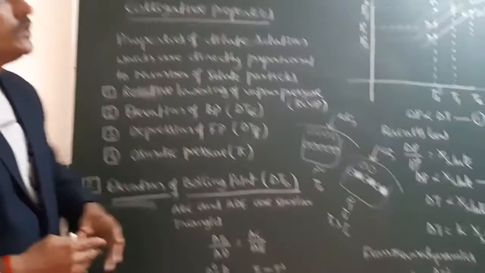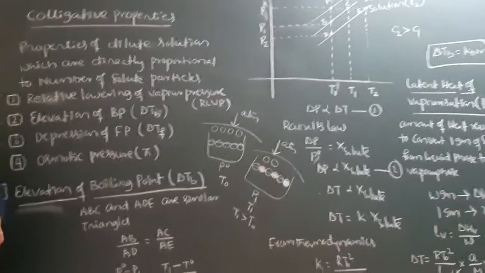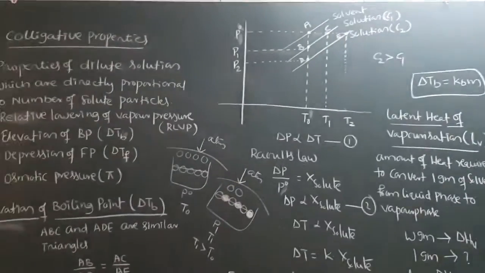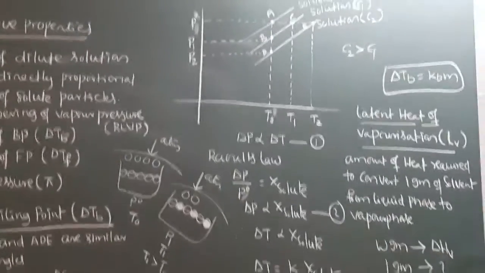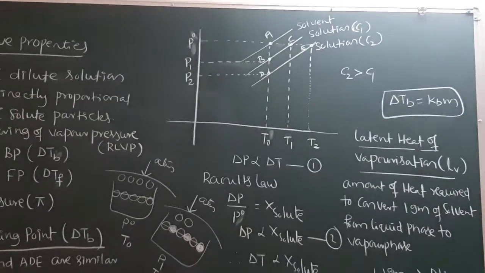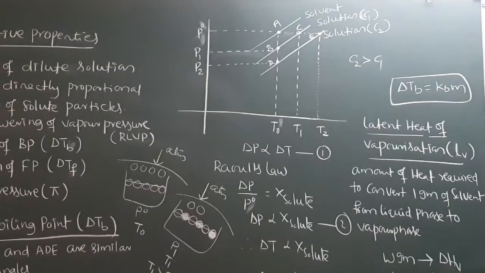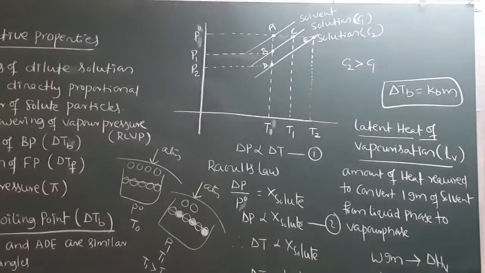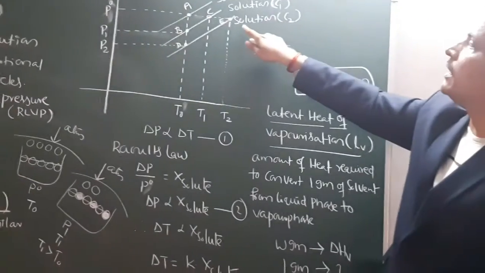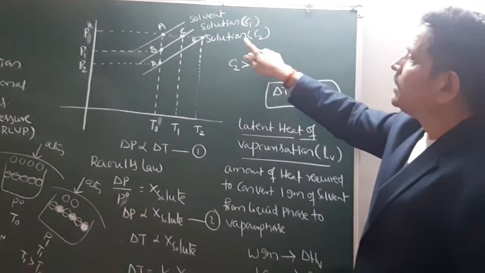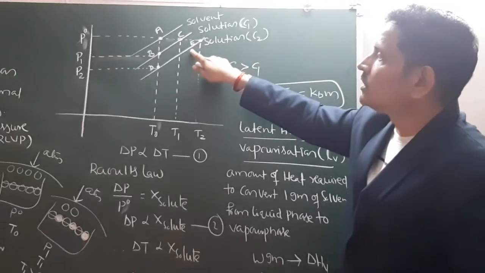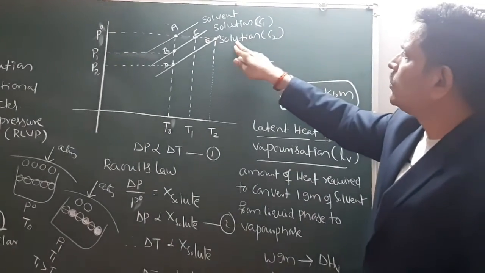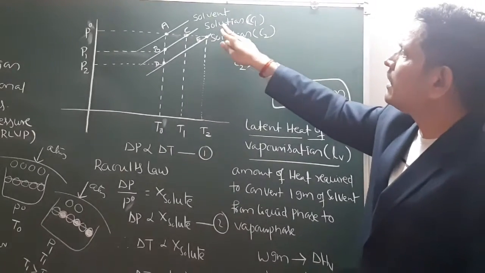Now consider three solutions, simply three liquids. The first one is pure solvent, for example, water. The second one is a solution containing non-volatile solute. And the third one is also a solution containing non-volatile solute, but here the non-volatile solute quantity is more when compared with the second case.